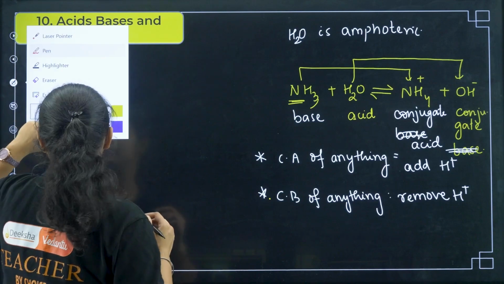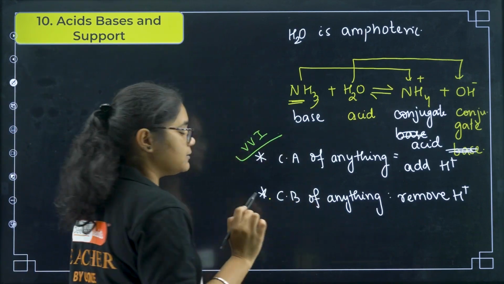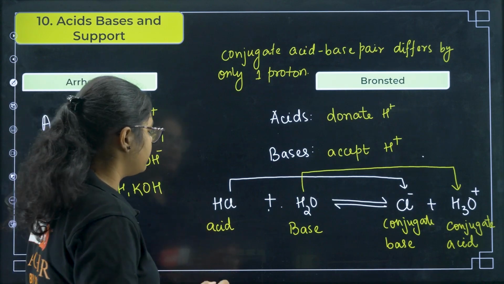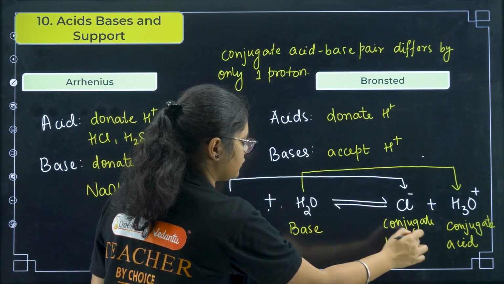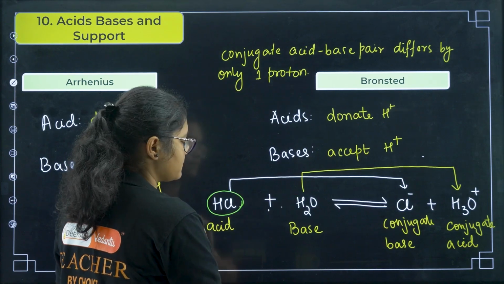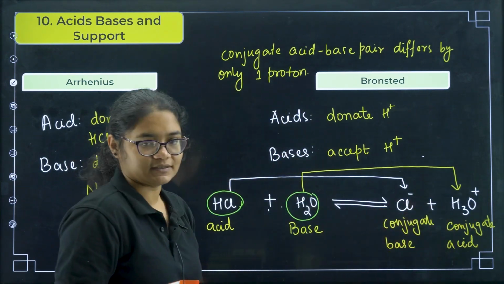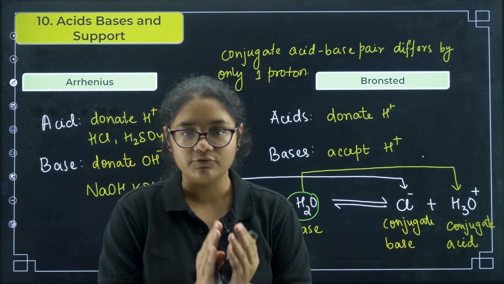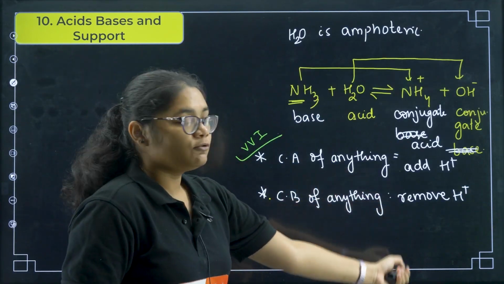Conjugate acid, add H plus. Conjugate base, remove H plus. You can see this example: to find the conjugate base, I am removing one H plus from here.